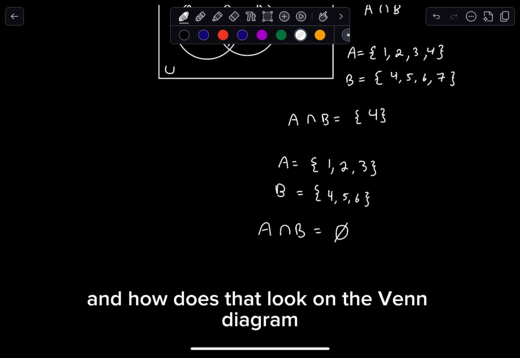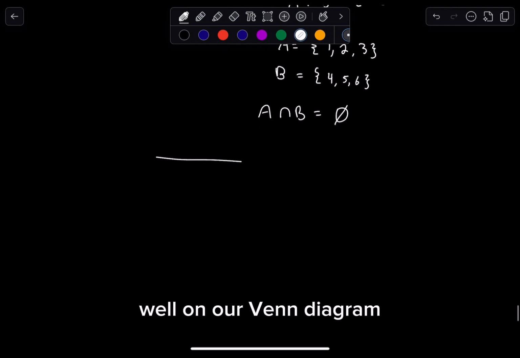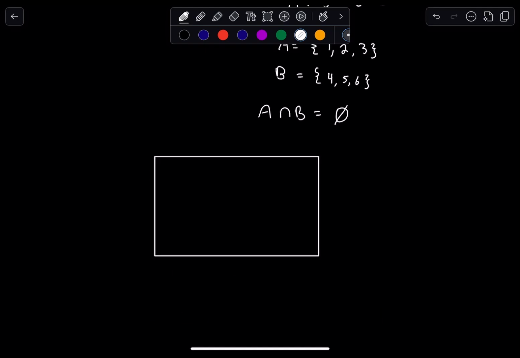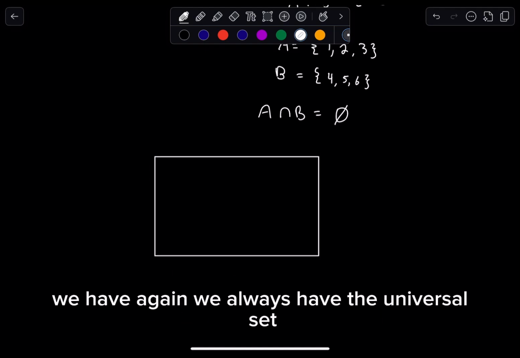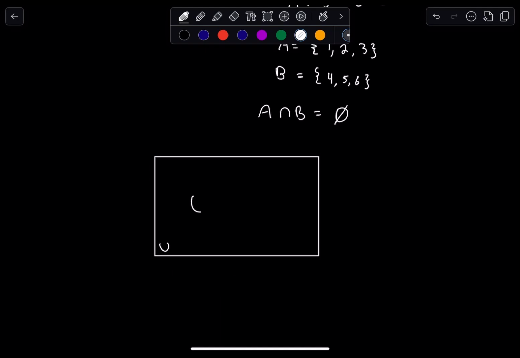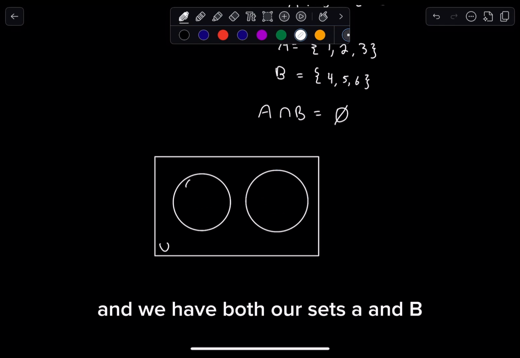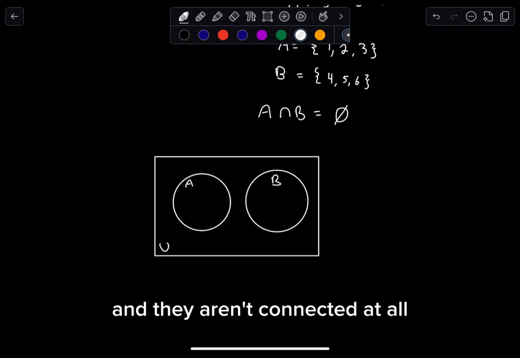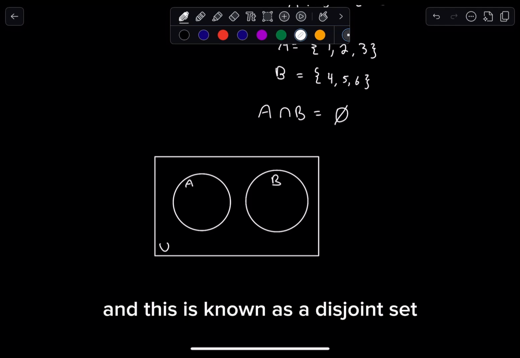And how does that look on the Venn diagram? Well, on our Venn diagram, again, we always have the universal set. And we have both our sets, A and B, and they aren't connected at all, and this is known as a disjoint set.